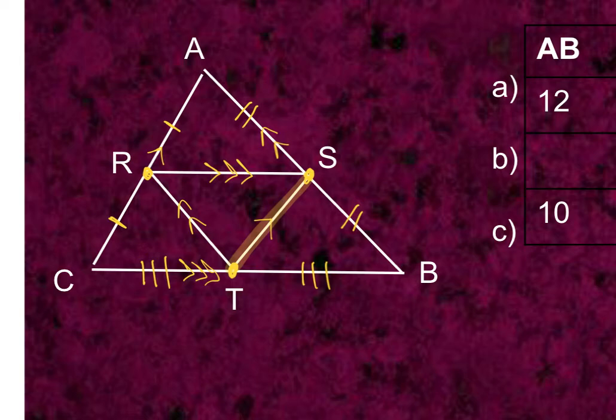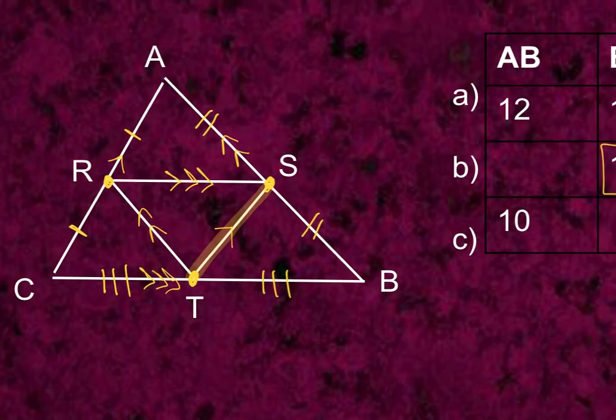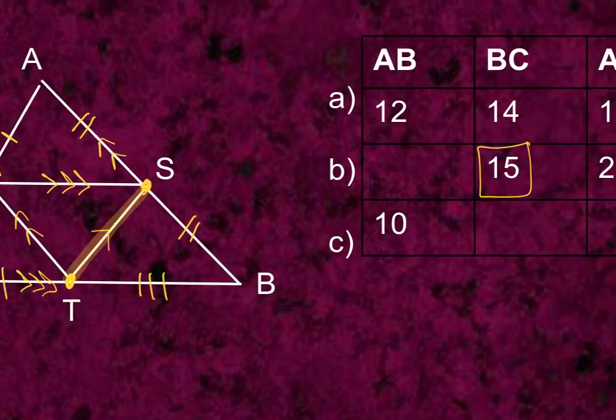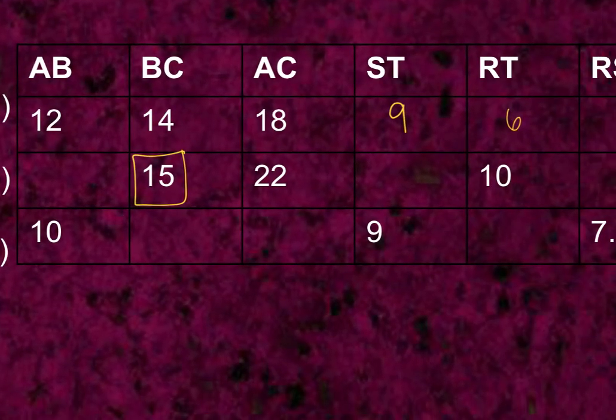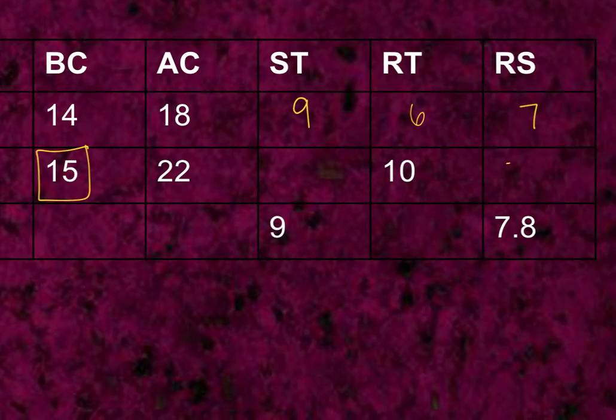Which mid-segment do we have information on now? RS, very good, because they're parallel. It always gives you information about the mid-segment that's parallel. So RS is going to be 1/2 of 15, or just 7.5, or 15 over 2.